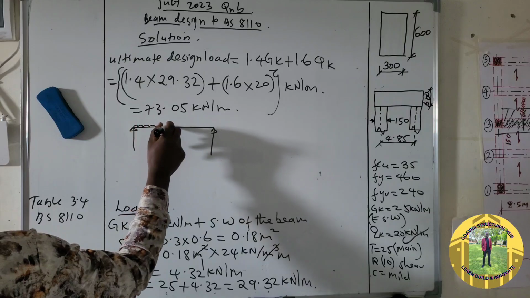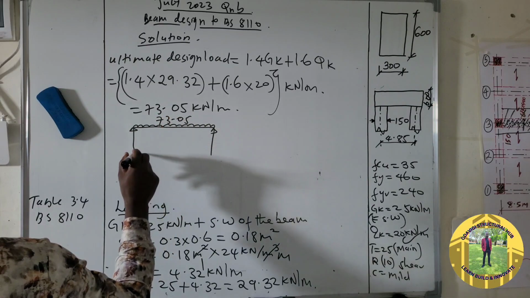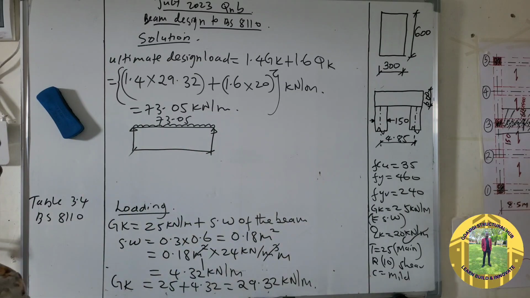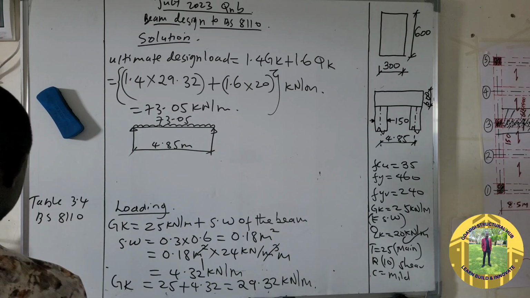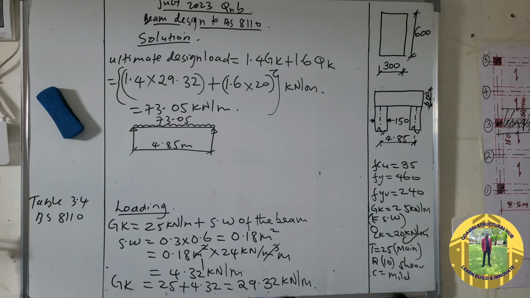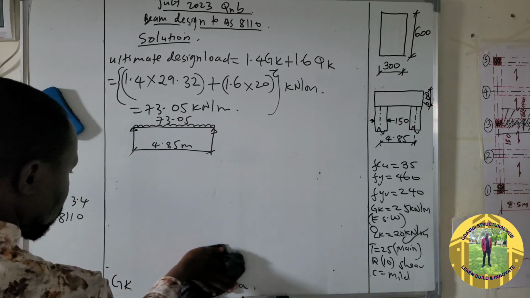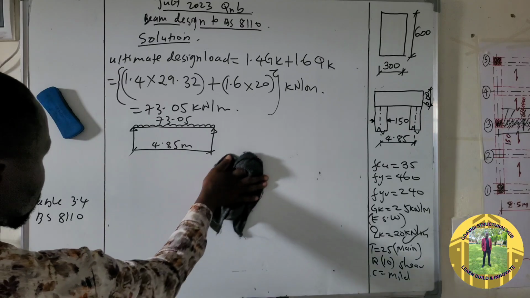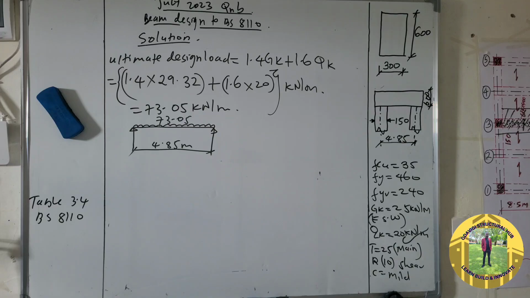So if this is our beam, this is the loading on the beam, 73.05. And then you have the effective span, which is 4.85 meters. So you can now calculate the ultimate design moment. For a beam, don't be confused between a beam and a slab.